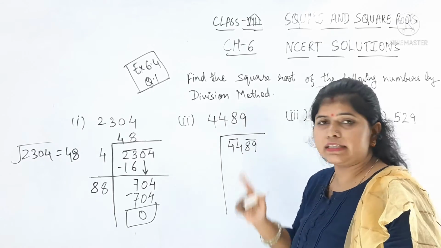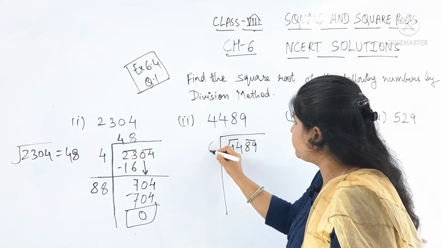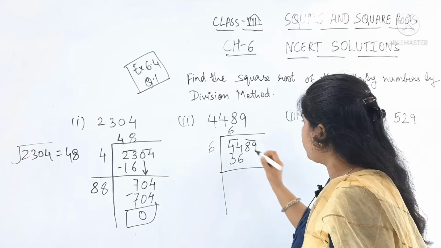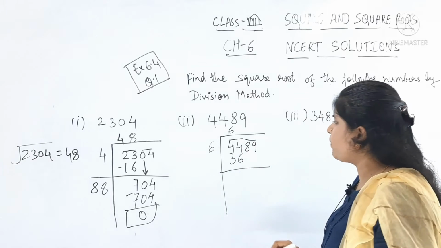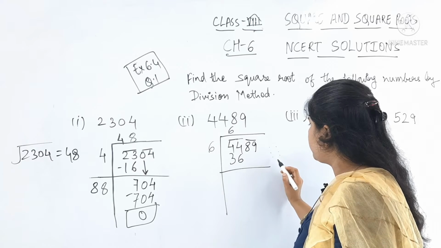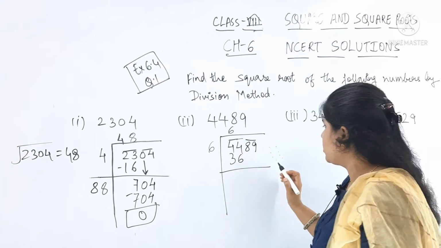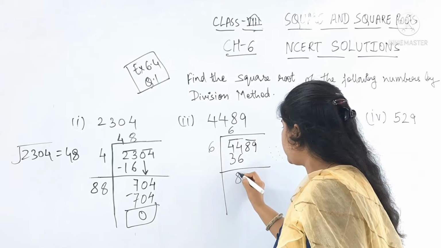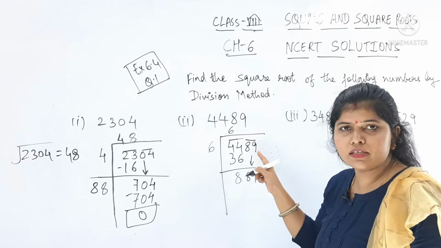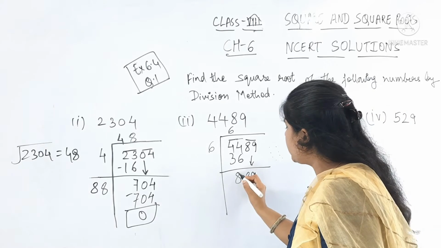So 49 is greater than 44. So what you have to write? 6 6s are 36. Now 44 minus 36 is 8. I am getting 8 here and bring down 89, because it is in a pair, so you bring down both the numbers.